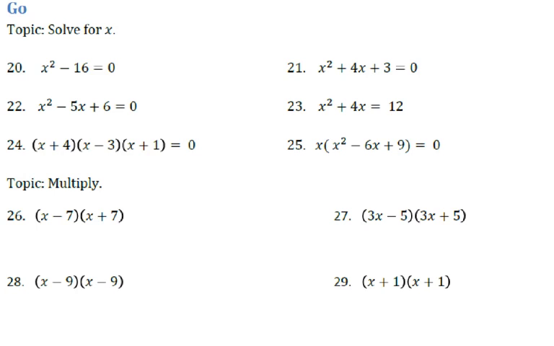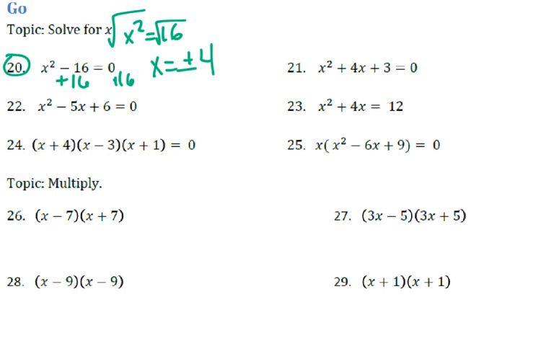So just a reminder. If you have one like 20, there's no other x's, so you would just add 16, giving you x squared equals 16. Take the square root, and we get x equals the positive and the negative square root of 16, which is 4. If you're looking at one like 24, take each one of these separately, set them equal to 0.